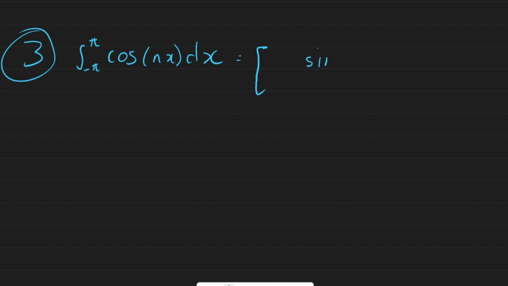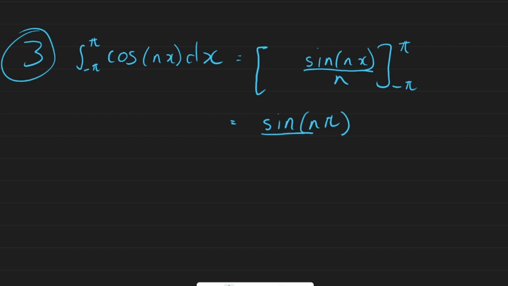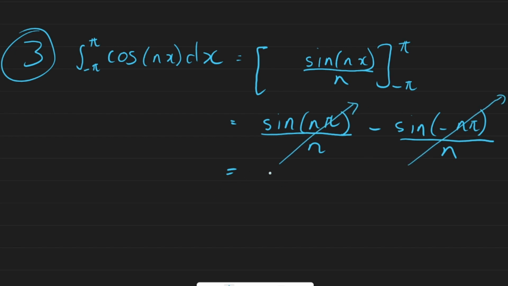So we have sine nx divided by n, and we're integrating from minus pi to pi. So when we substitute in pi, we get sine of n pi over n minus sine of minus n pi over n. And sine of n pi is just equal to 0. So we have 0 here and we have 0 here.